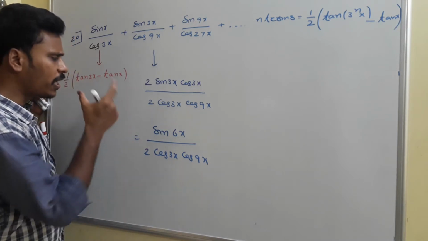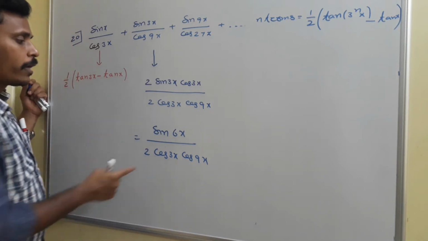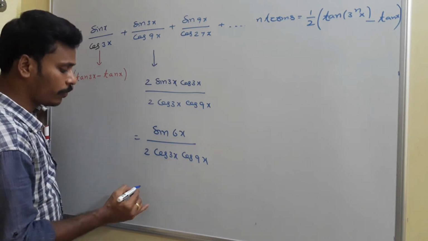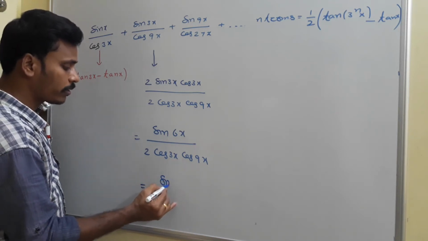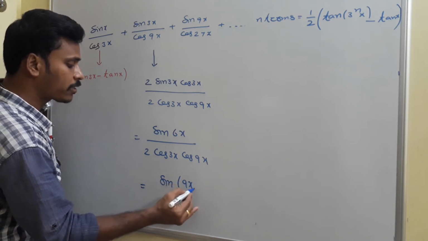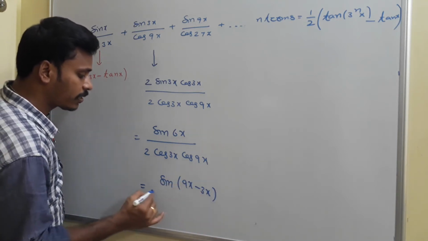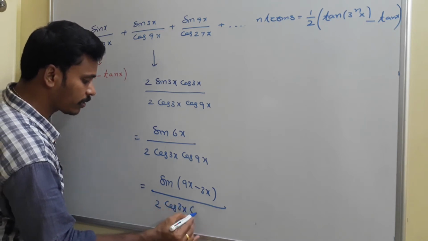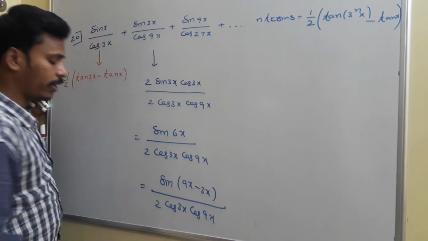Just like in the first term, here you need to write this 6x as the difference of 9x and 3x. So this is equal to sin of 9x minus 3x divided by 2 cos 3x into cos 9x.